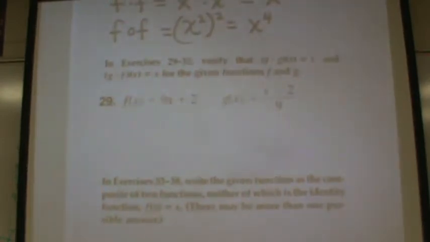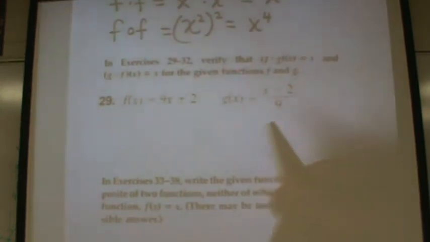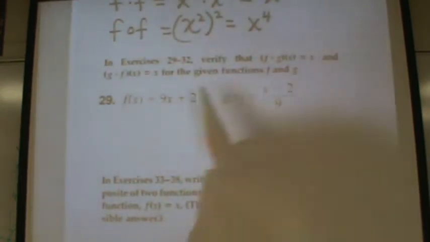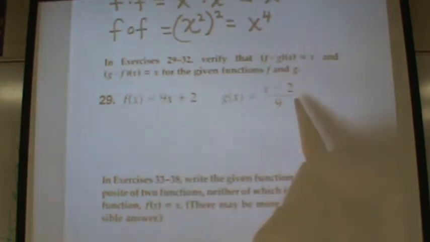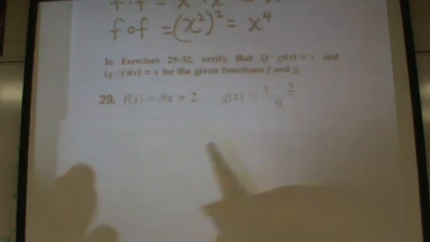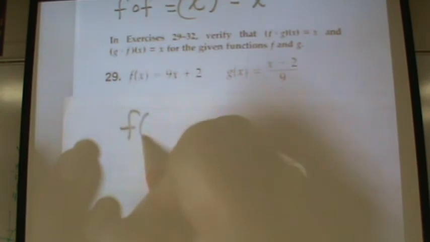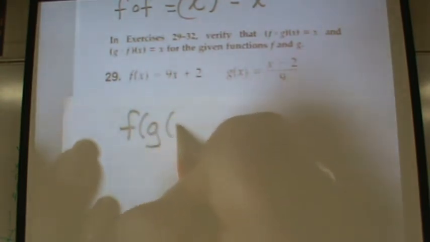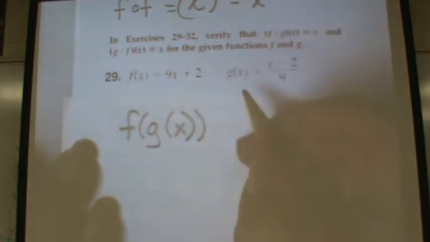29, you have a composition of functions here. What they want you to do is prove that f of g of x and g of f of x both result in x. So you may need a separate sheet of paper to do this one. So what is f of g of x? It better be x.